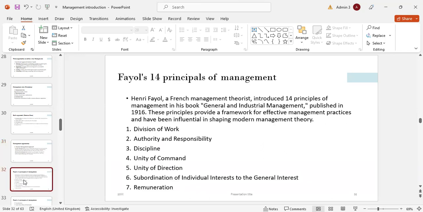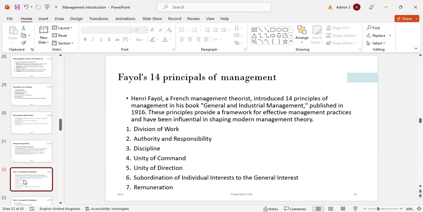Fayol's 14 Principles of Management. Henri Fayol, a French management theorist, introduced 14 Principles of Management in his book General and Industrial Management, published in 1916. These principles provide a framework for effective management practice and have been influential in shaping modern management theory.